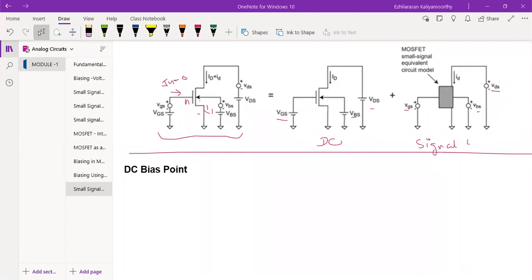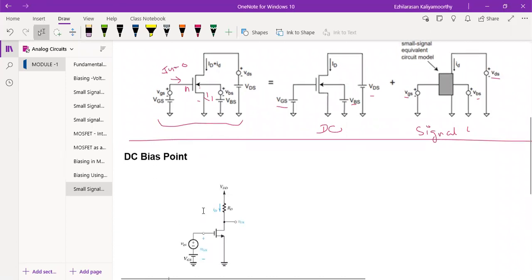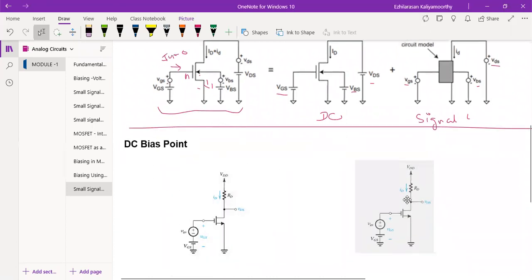For this, the diagram will be this. So this is the DC bias point.